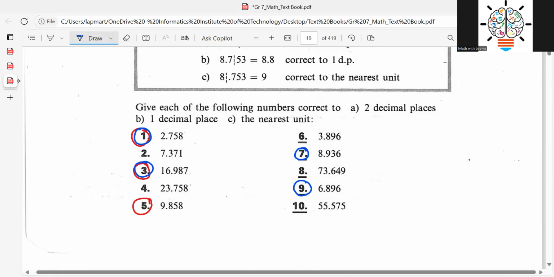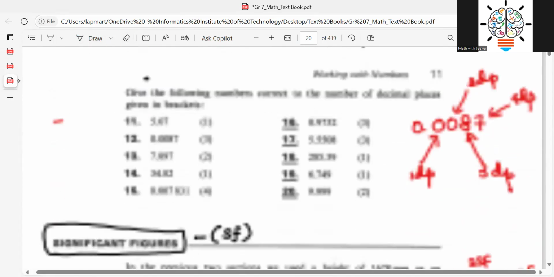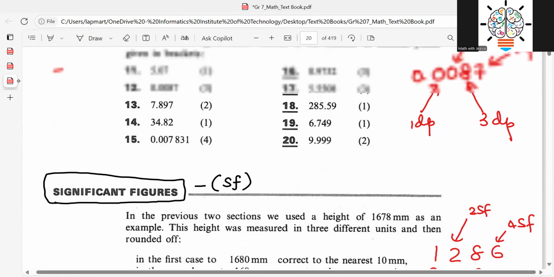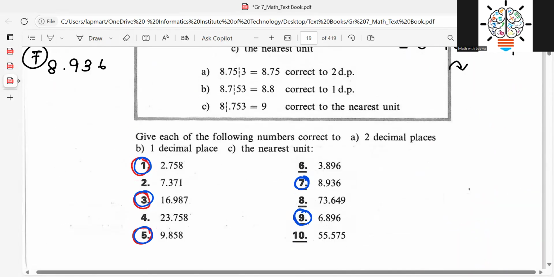So then do these 5 questions. Tomorrow we'll meet again and we will discuss about the significant figures. It will be a new topic. So we will discuss significant figures after discussing these 5 questions. You want to correct these numbers to 2 decimal places, 1 decimal place, and to the nearest unit.